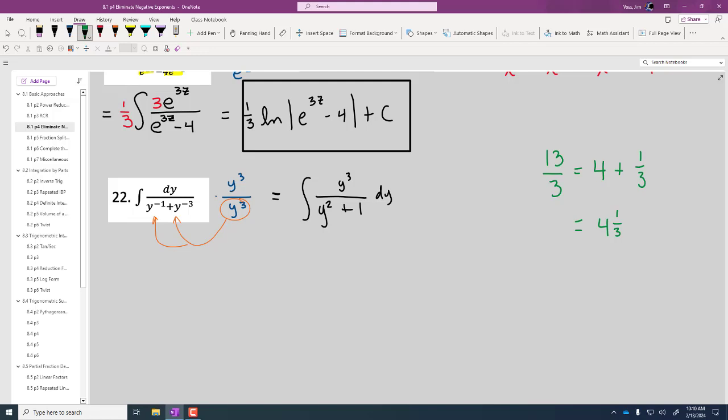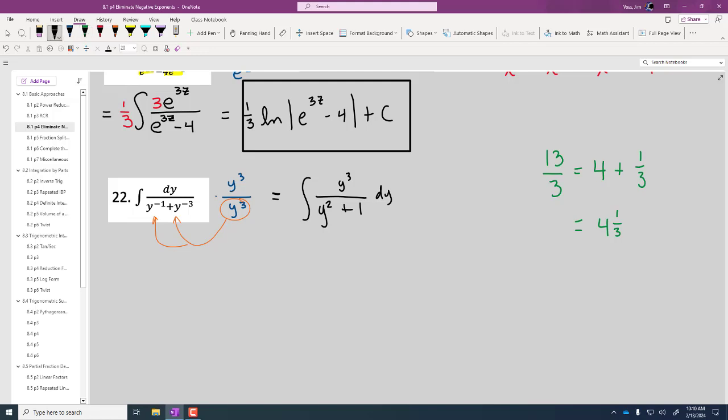Down below we have a polynomial of degree 2. It's top heavy. There's more power up top than down below. They don't use the expression, but I would call this an improper fraction. It's an improper rational expression. And we do the same thing. Our strategy, if we have an improper fraction, is to divide.